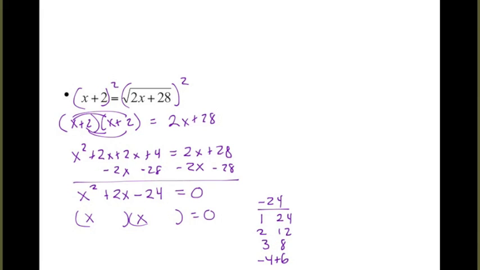So positive 6 and negative 4 would give us a positive 2. And then to actually solve by factoring, we want to set each one of those factors equal to 0 and solve them independently.